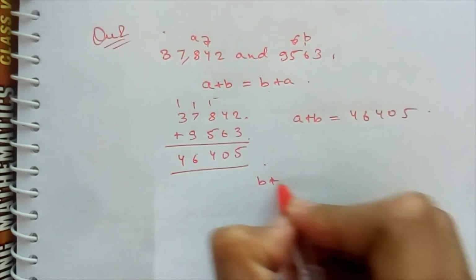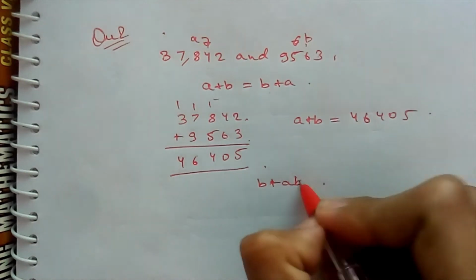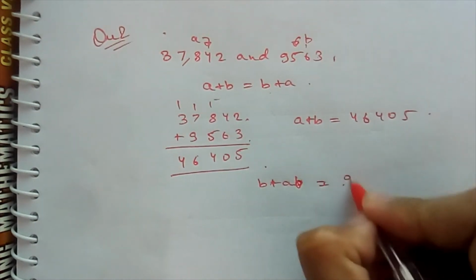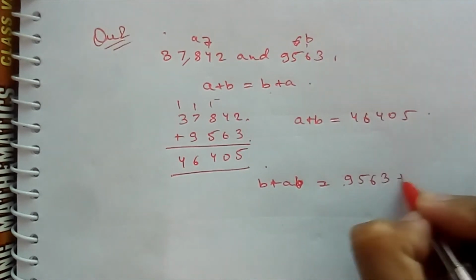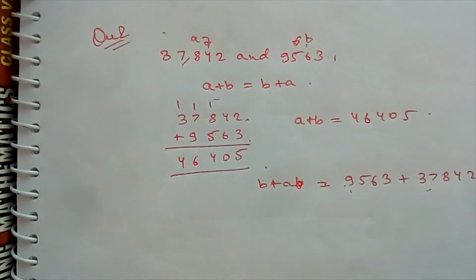Now for B plus A, so our value of B is 9563 and A is 37842. Now adding these two both.